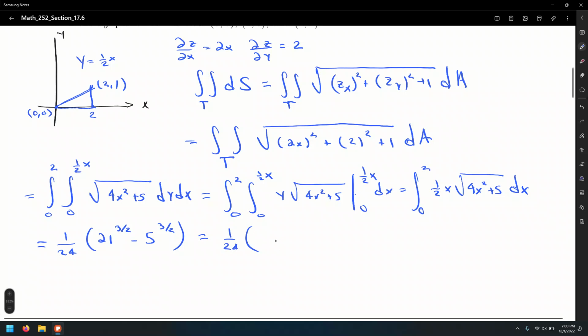That's the square root of 21 cubed minus the square root of 5 cubed. And simplifying or playing with the powers, that's 1 over 24.